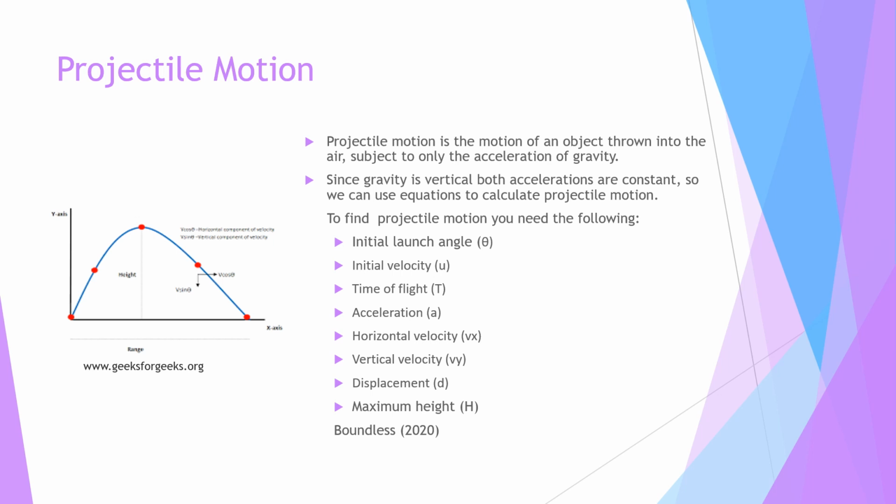To find projectile motion, you need the initial launch angle, initial velocity, the time of the flight, acceleration, horizontal velocity, vertical velocity, displacement, and maximum height of the object.